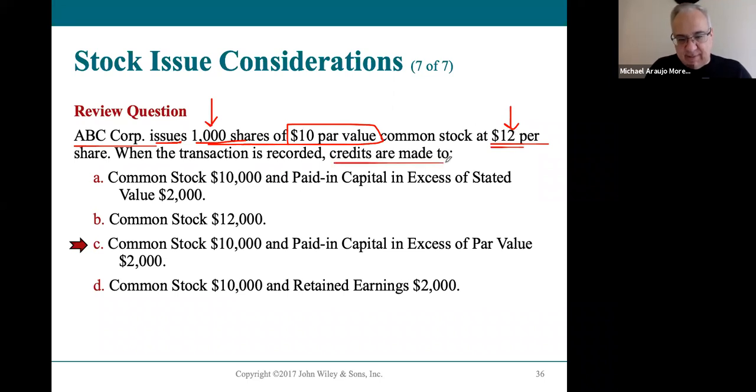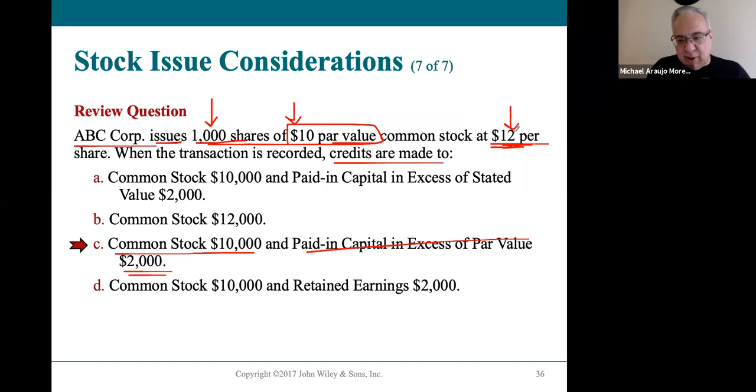Where are the credits? Well, the first $10 of this $12 represents par value. So you're going to credit common stock for the $10 par value times 1,000. Anything over par value, which in this case is only $2, will go into the paid-in capital in excess of par.